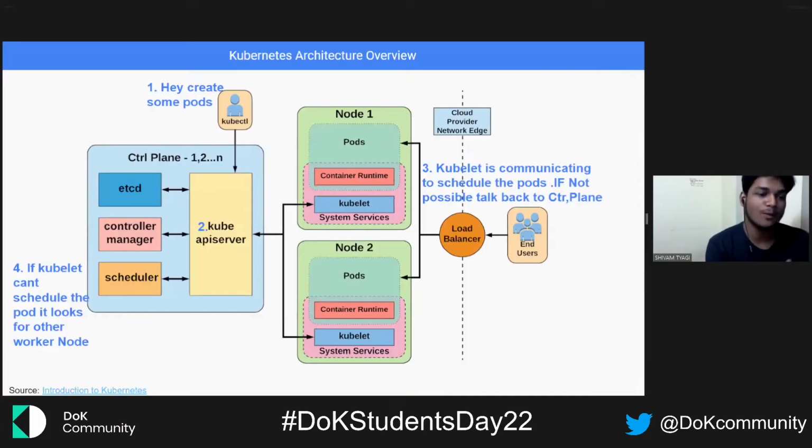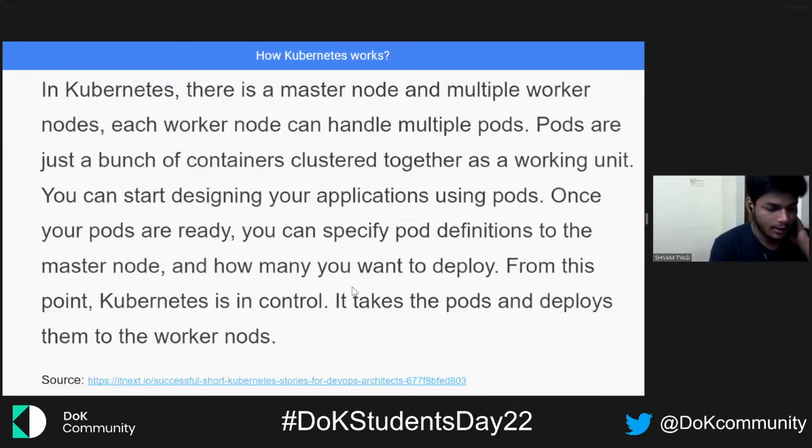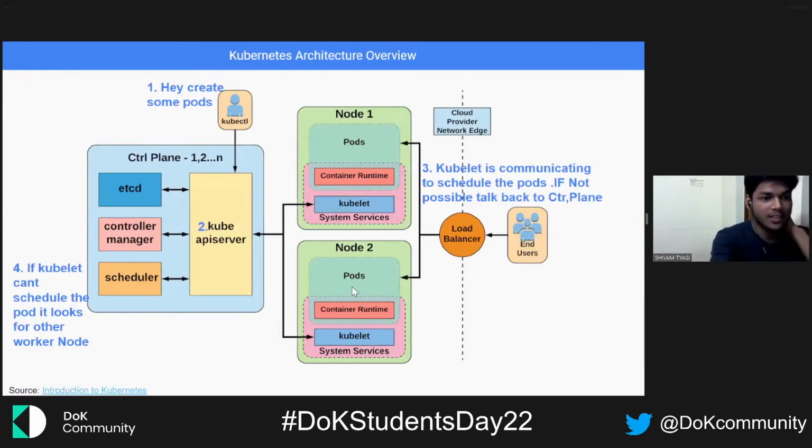So how does Kubernetes work? Exploring the architecture of Kubernetes is a basic step that can help you get started. Basically kubectl goes like, hey, I would like to create some pods, can you please do it for me?